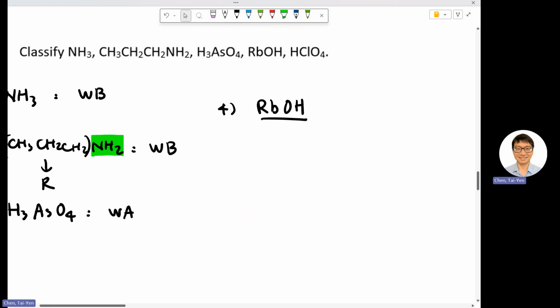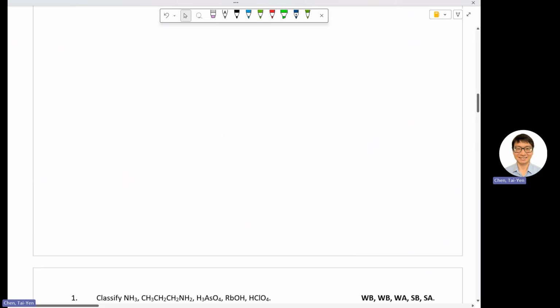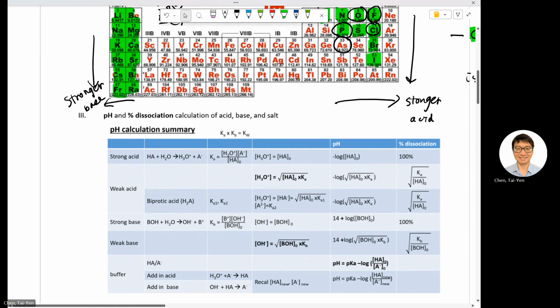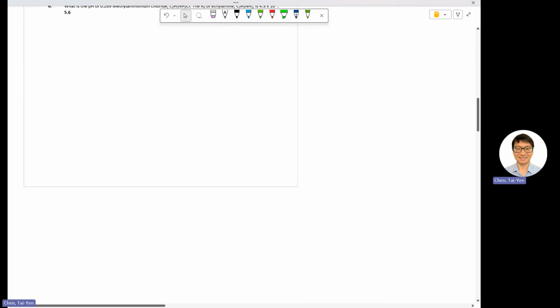RbOH. Apparently you see this OH indicates a base. Then you look at the element, which should belong to 1A or 2A in your periodic table. You should see that Rb is right here, so it belongs to 1A.